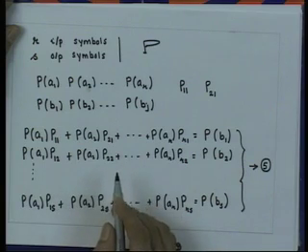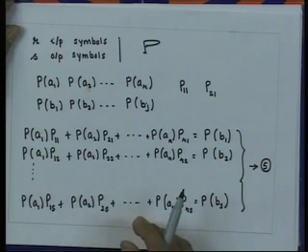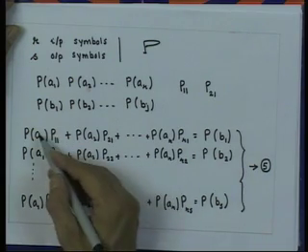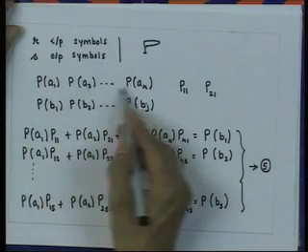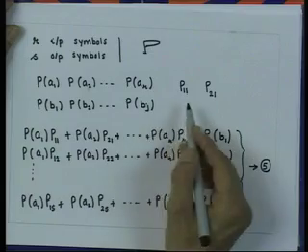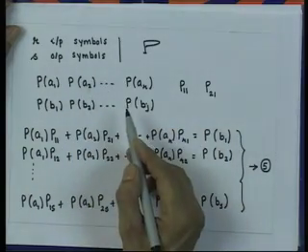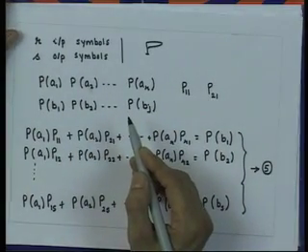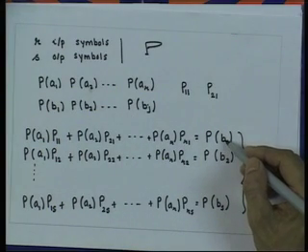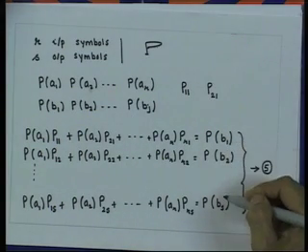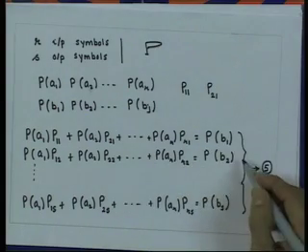Now, for a further discussion, we will assume that we are given the probabilities P(A1), P(A2) up to P(AR) and the conditional probabilities P(Bj given Ai), so that probability of Bj's may be calculated from this equation.